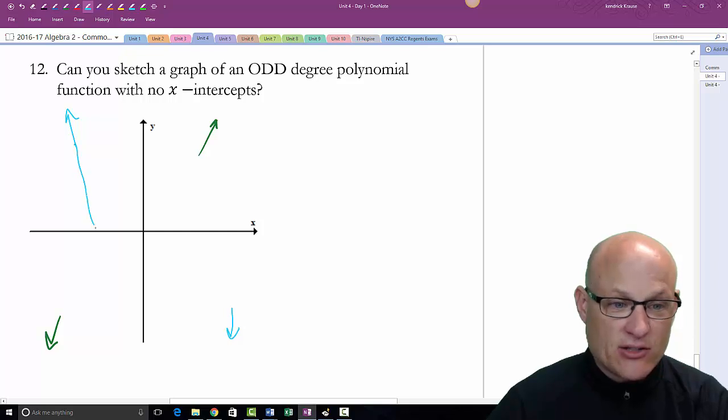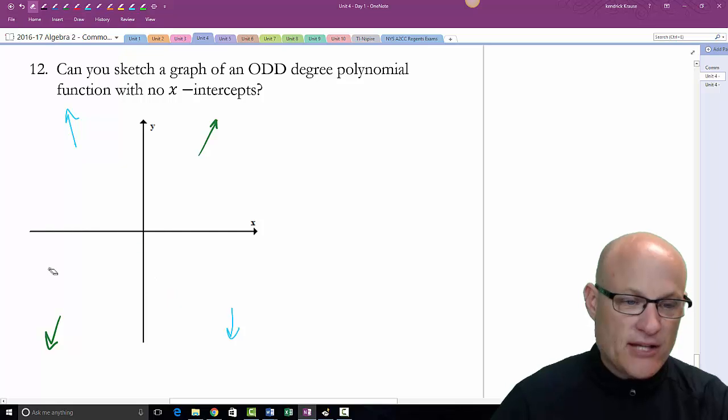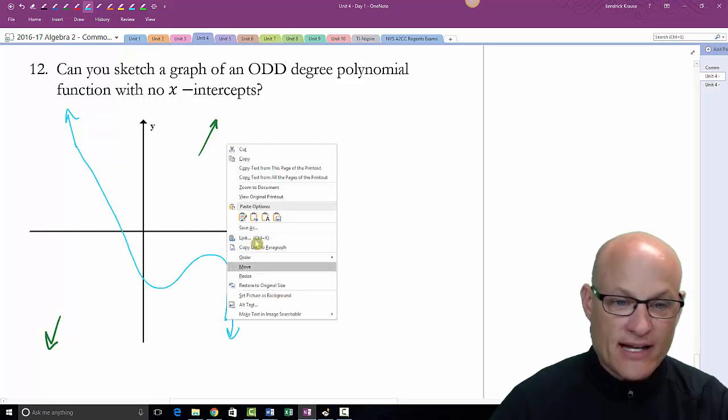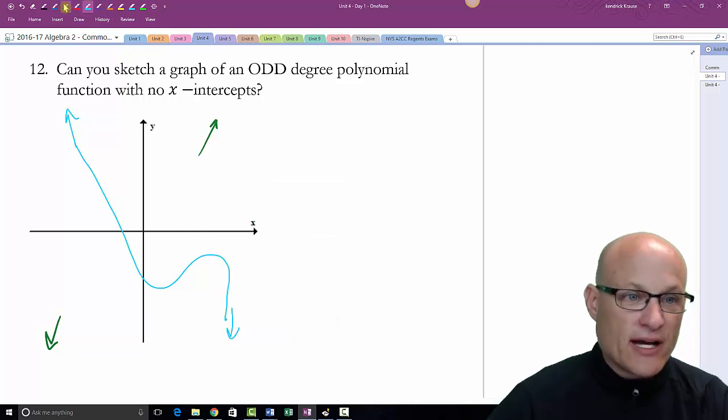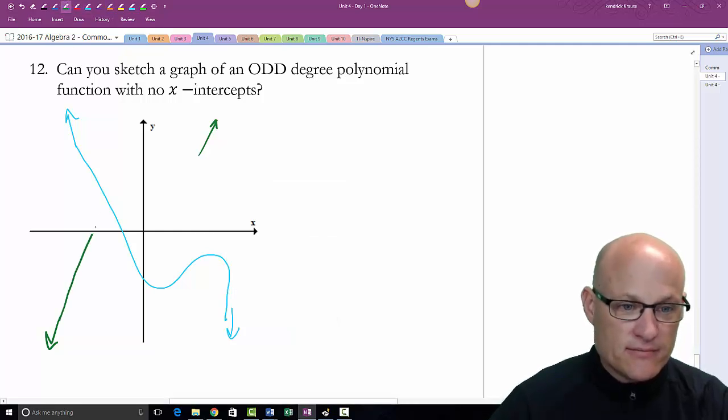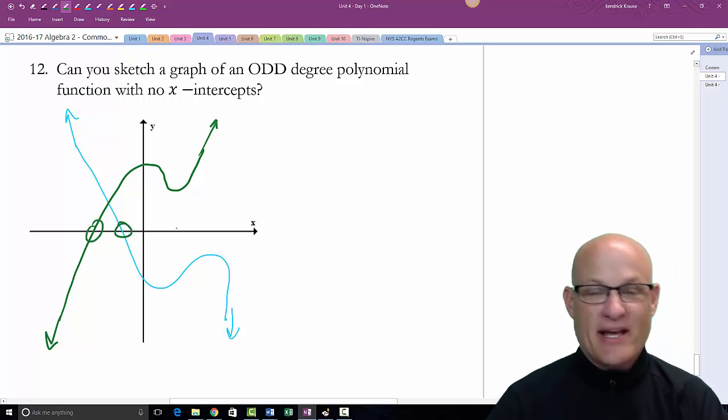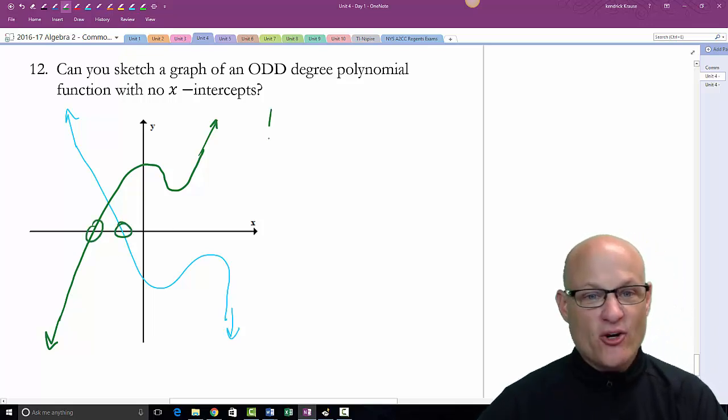As soon as I connect these two rays, it's got to look something like that, or something like that. But as soon as I do that, I know that it has to pass the x-axis. So can I? No, you can't.